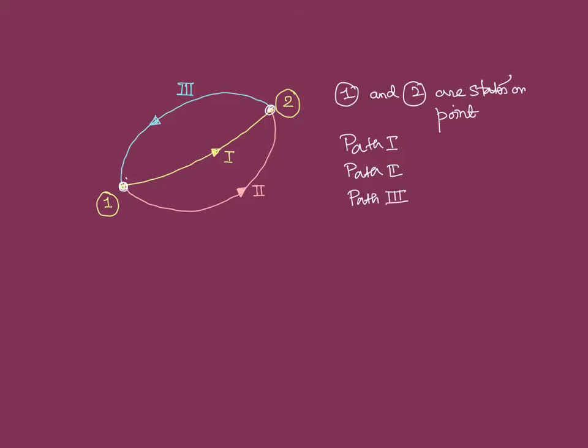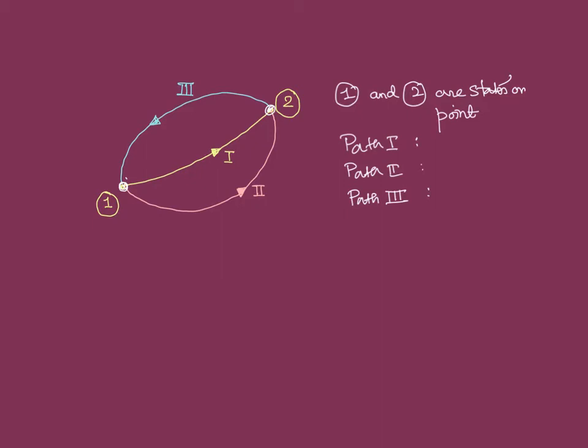This is for conservative forces. Path 1 is from 1 to 2, path 2 is also from 1 to 2, and path 3 is from 2 to 1.